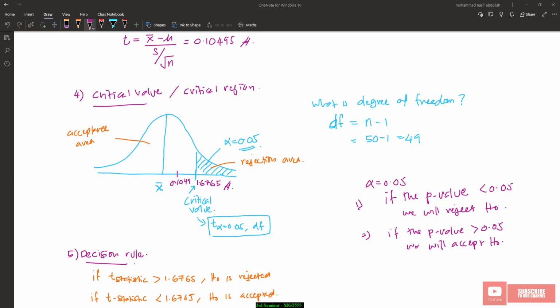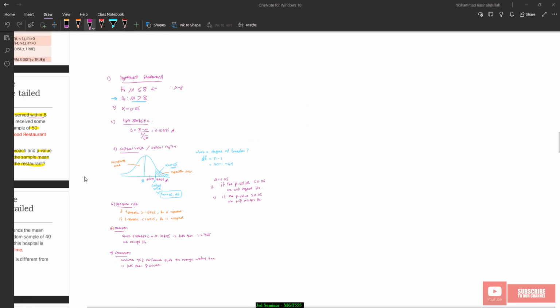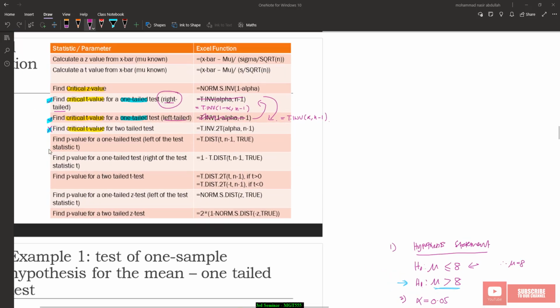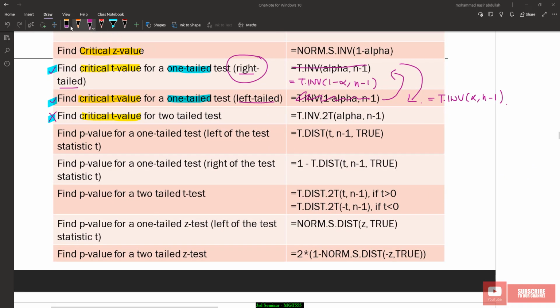Okay. So now, let's look at the formula again. Dekat sini critical value, but now we are focusing on the p-value. And p-value for a one-tailed test and right-sided test. So this is the p-value for the right-sided test T-statistic. So we're going to calculate using 1 minus T distribution, n minus 1, and the argument is true.